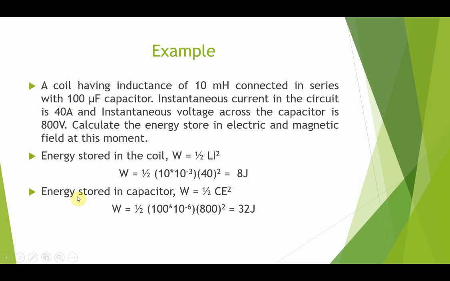Similarly, energy stored in a capacitor is equal to 1 by 2 C E square. Putting in the values, we have a capacitance of 100 microfarad, and 800 volts square. By calculating, the energy stored in the capacitor is 32 joules.